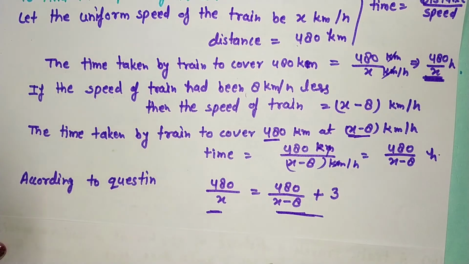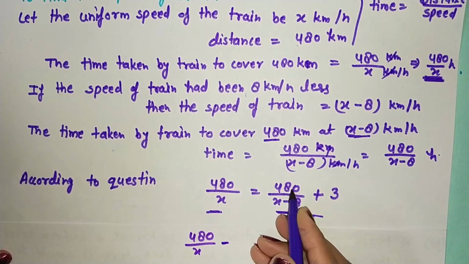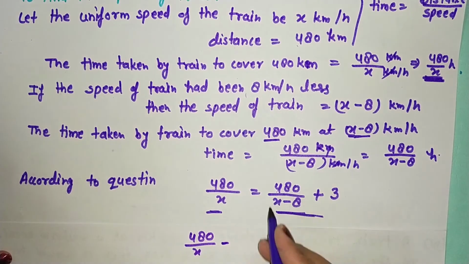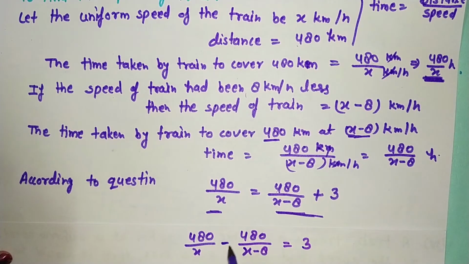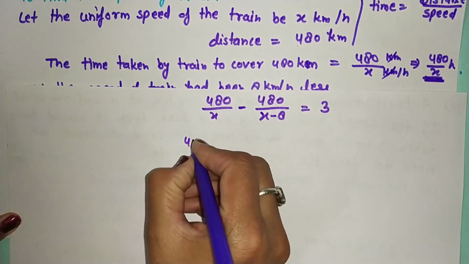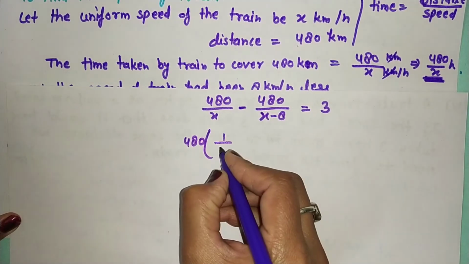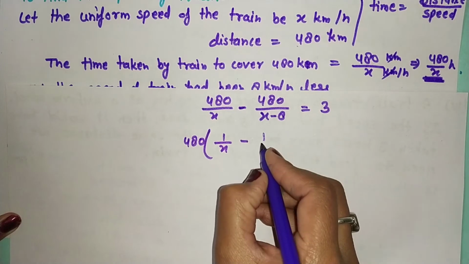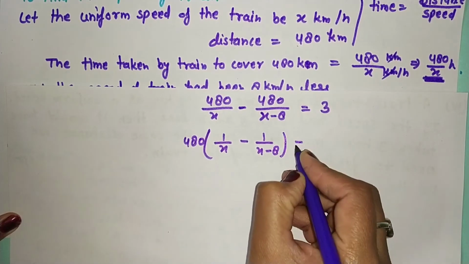Now we take 480 upon x minus 480 upon x minus 8, we transfer this term to LHS, it becomes negative, is equal to 3. Now we take 480 as common, it becomes 1 upon x minus 1 upon x minus 8 is equal to 3.